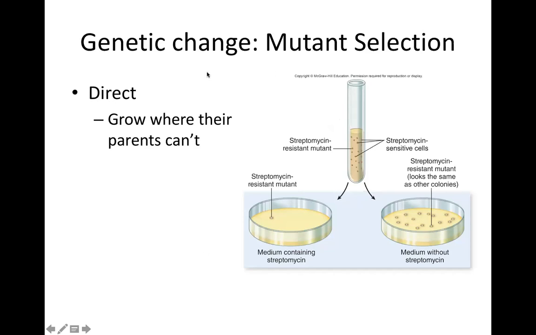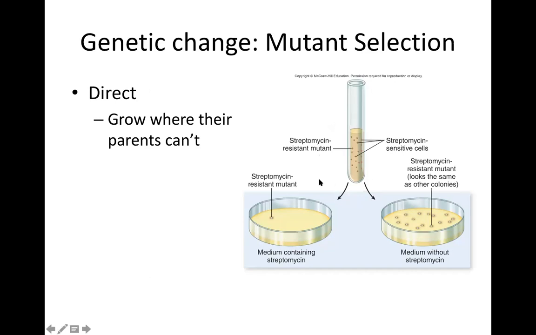So we have two main ways that we can select bacterial mutants. We can do that through direct selection, which we're going to talk about right here. We can also do that through indirect selection, which we'll talk about in just a second. Now, in direct selection, one of the simple ways to think about this is these bacteria grow where their parents can't.